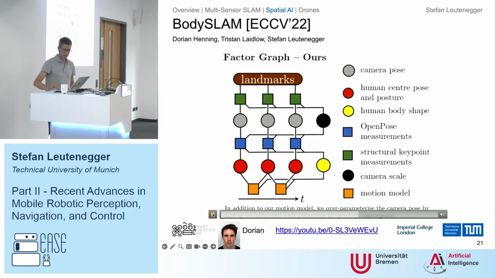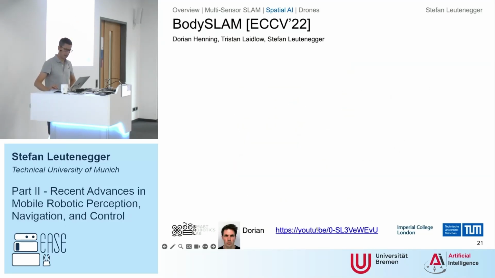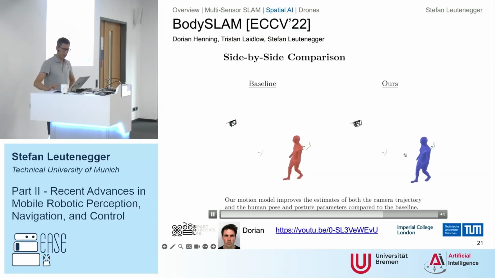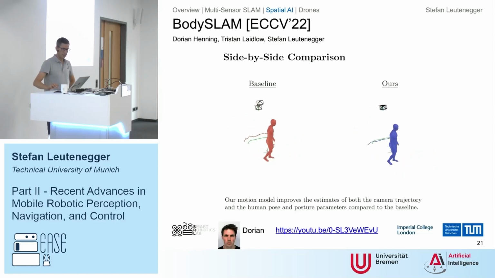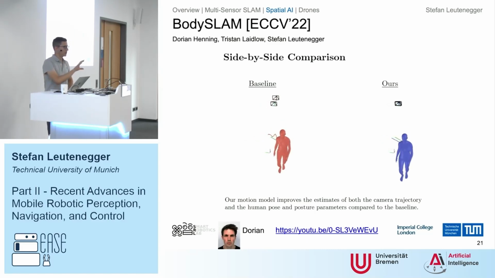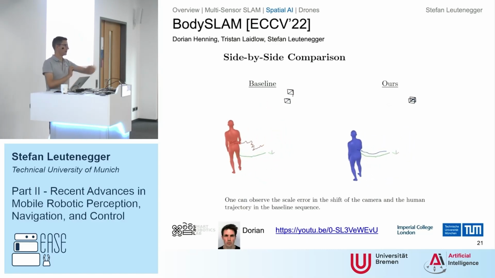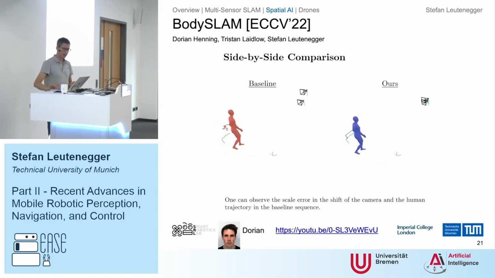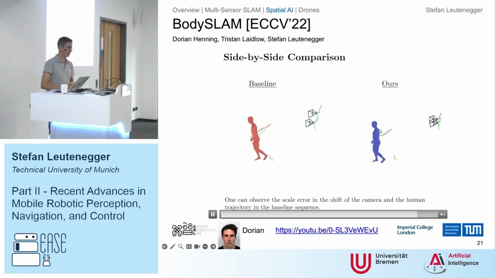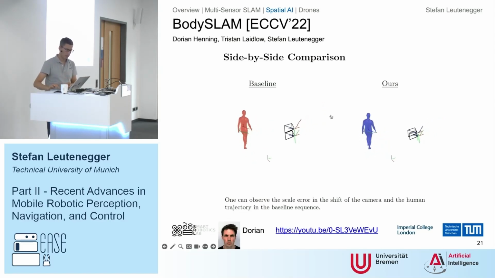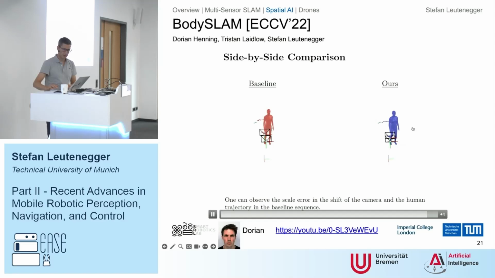I'll spare you some of the details here, but the idea is basically that you really need to include this motion model into the nonlinear least squares estimation problem in order to get accurate estimates. If you're just separating camera pose estimation and projecting out the human estimates, you get this kind of jittery baseline here. And if you're jointly trying to optimize this thing, you're getting much smoother, much more accurate estimates.